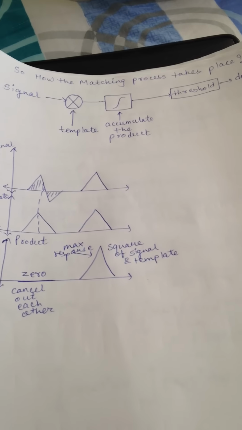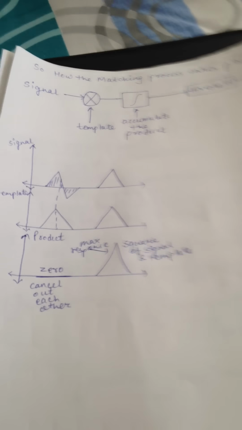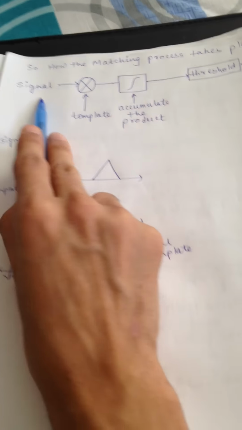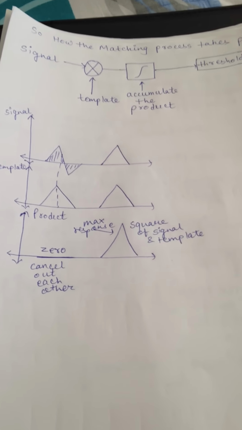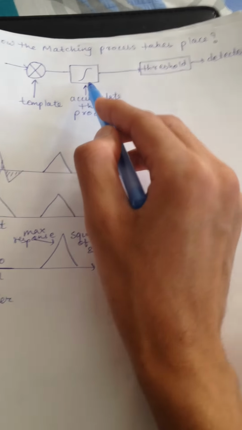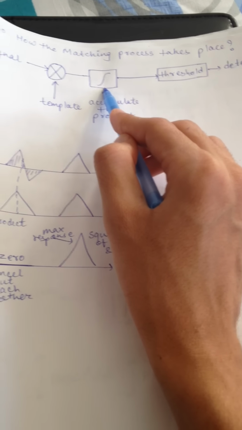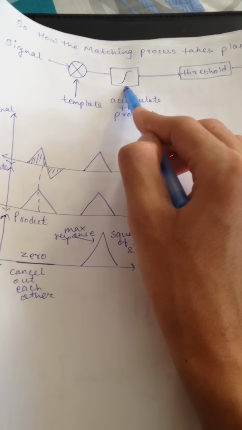So how does this matched filter do this matching process? Let's take a diagram to understand this. This is our original ECG signal, and this is our template. Both the signals are convolved with each other. That means they are multiplied with each other. Hence, this is the final product found by the multiplication of both the signals.